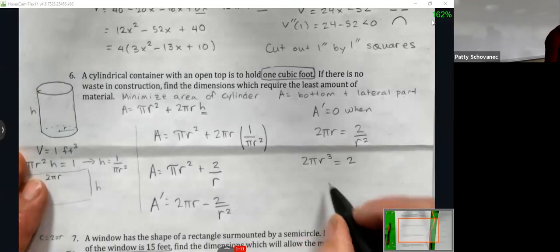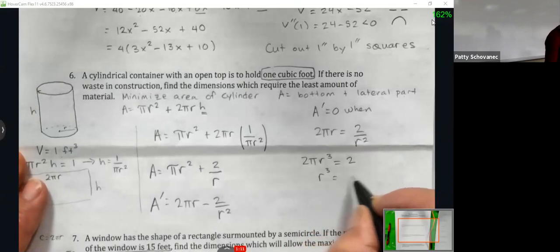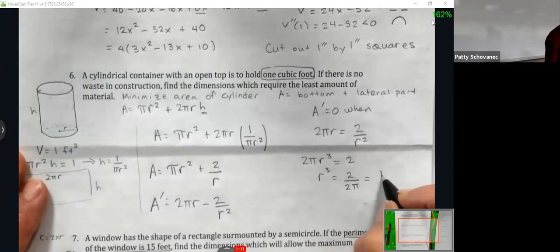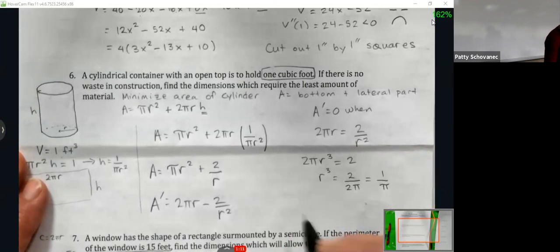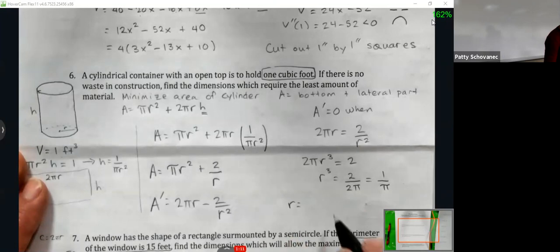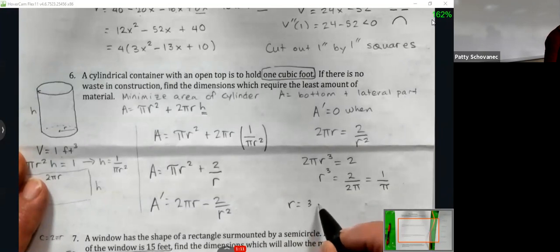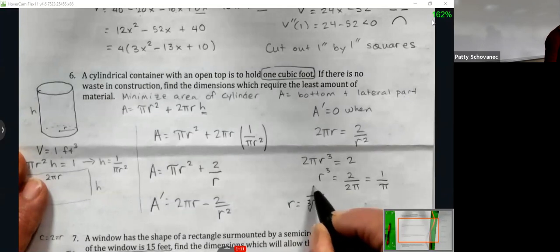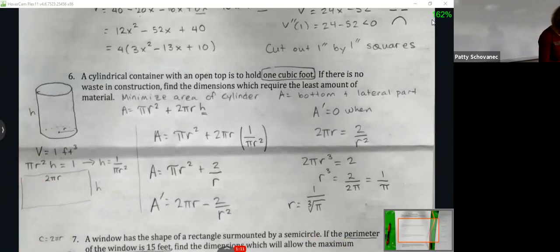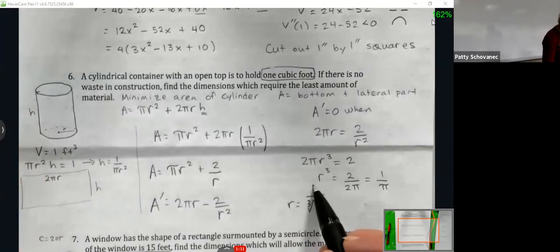And let's divide by that 2 pi. And the 2's will cancel. So r is 1 over the cube root of pi. You could write that as the cube root of 1 over pi. But the cube root of 1 is 1. So there's our critical number.